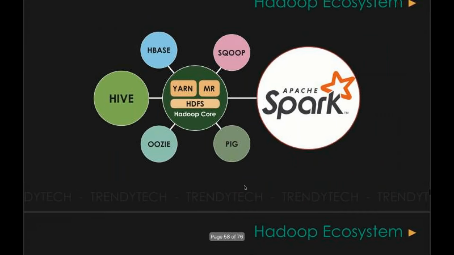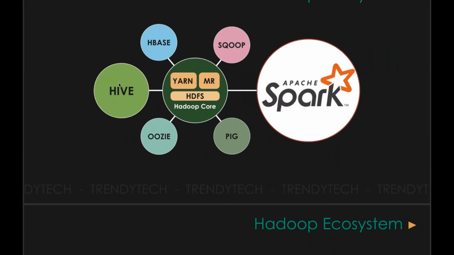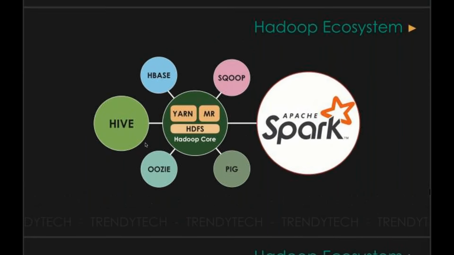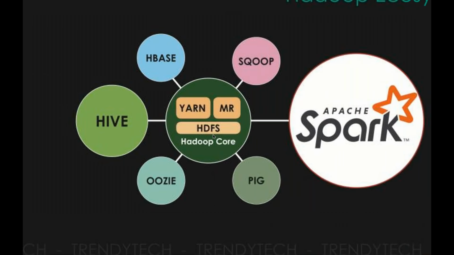Now let us touch base on these ecosystem technologies at a very high level. Let me ask you one thing. What is the processing unit used in the Hadoop core? Everyone knows it is MapReduce. Now, in which programming language do we need to write the code for MapReduce?